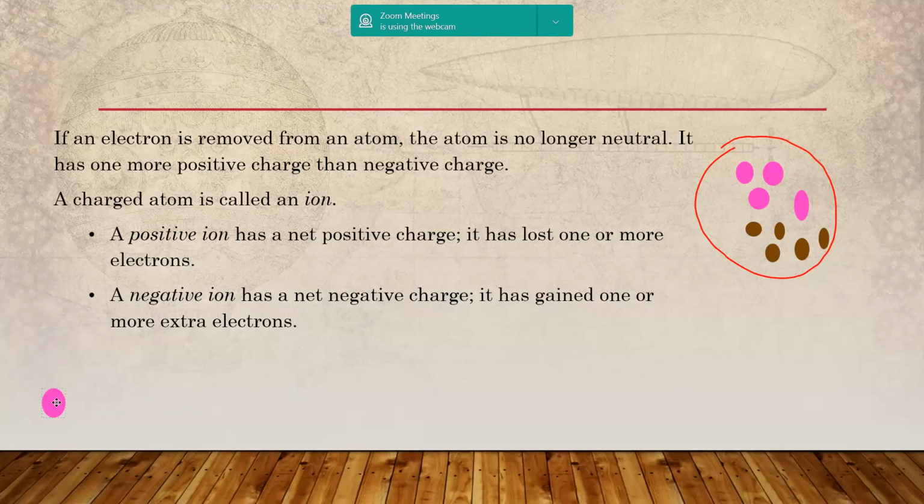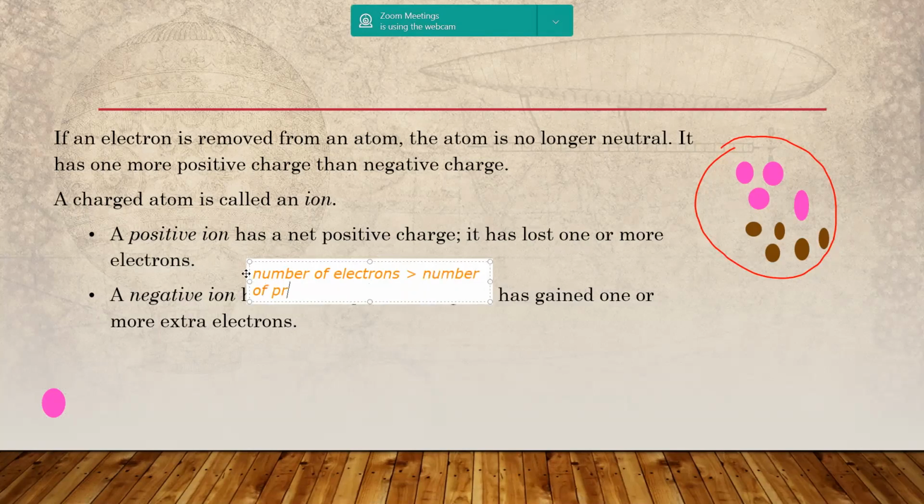So what happened now? If you remove 1 proton, the number of electrons is now greater than the number of protons, because 5 is greater than 4.